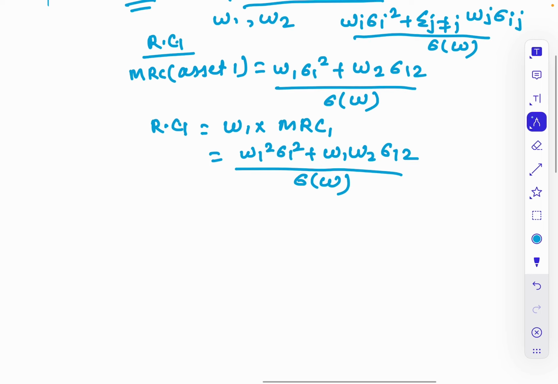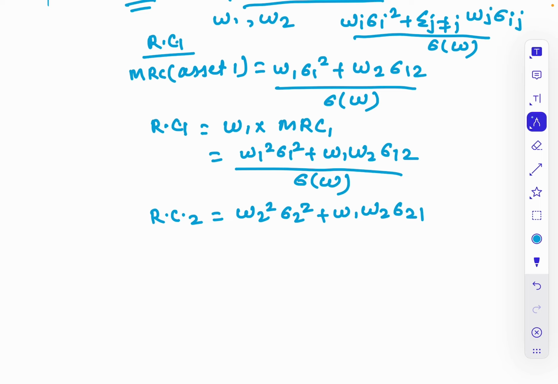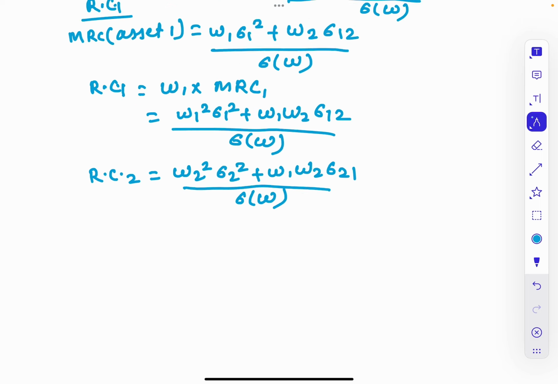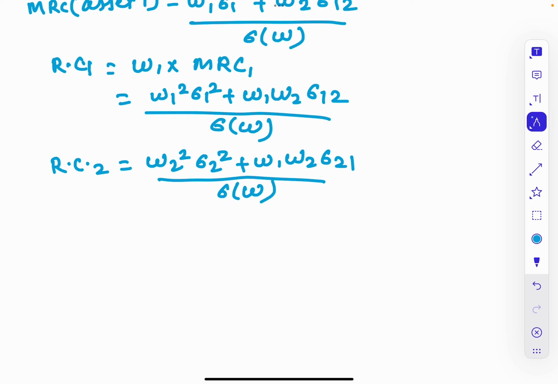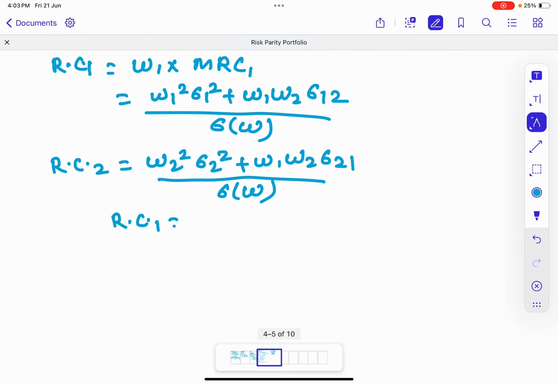Similarly, you can find the risk contributed by asset 2, and you will get w2 square sigma 2 square plus w1 w2 sigma 21, but sigma 21 and sigma 12 are the same. Now how do we achieve a risk parity portfolio? It is when you get equal risk from all the assets, so the risk contributed by asset 1 should equal the risk contributed by asset 2.